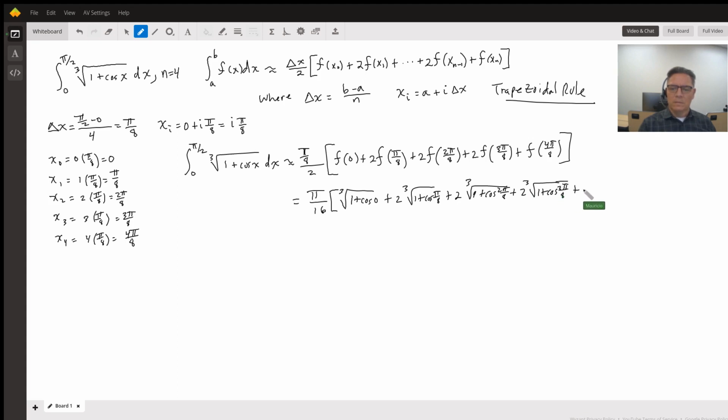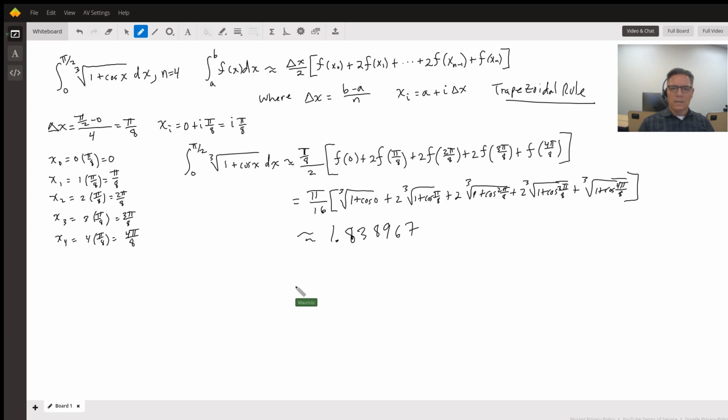And then lastly, plus the cube root of 1 plus cosine of 4 pi over 8. And when you plug this into a calculator, you're going to get that this is approximately 1.838967, up to 5 decimal places.